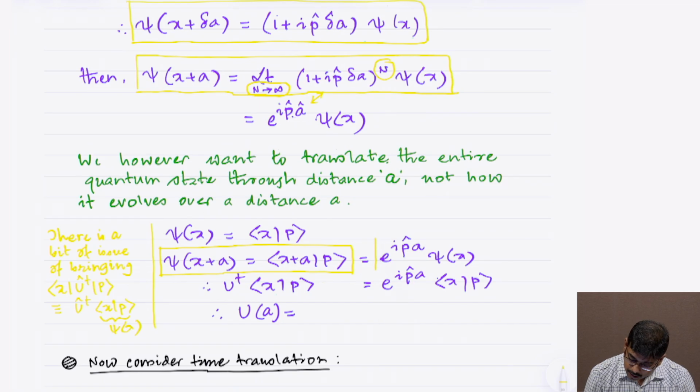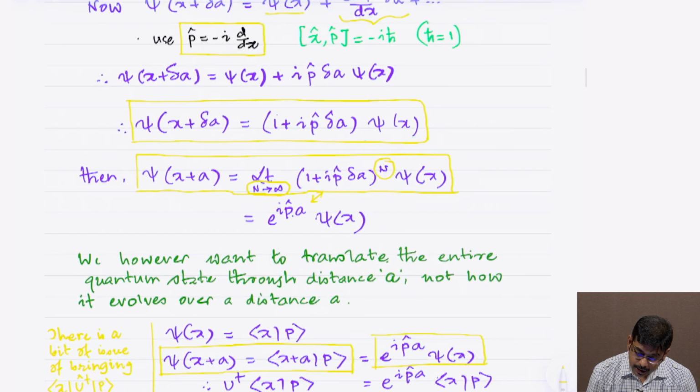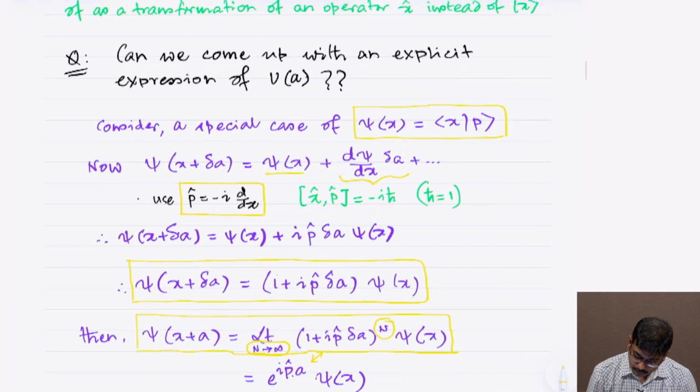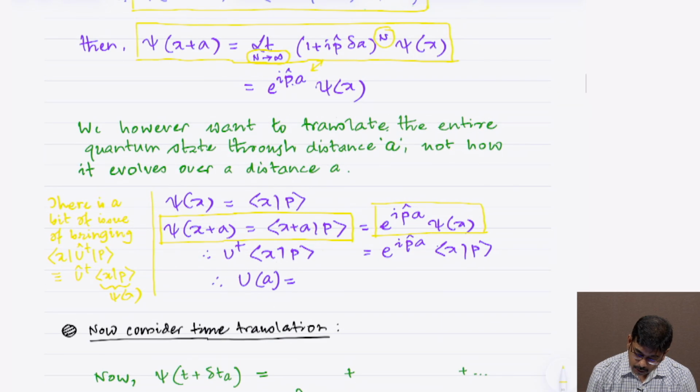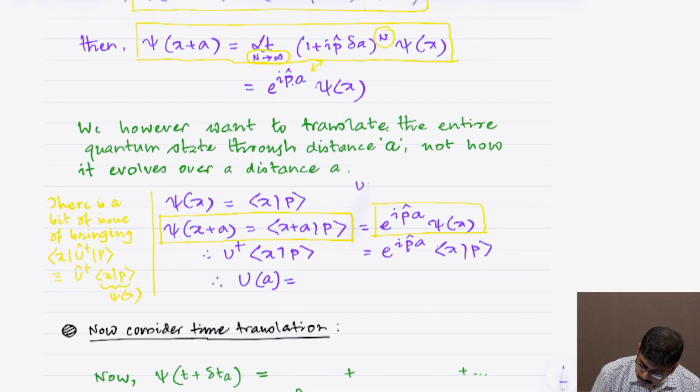On the other hand, if you take your operator, what was the definition? From our definition, U(a) when it acts on |x> will take you to |x + a>, or in a sense if I write it in terms of bra.